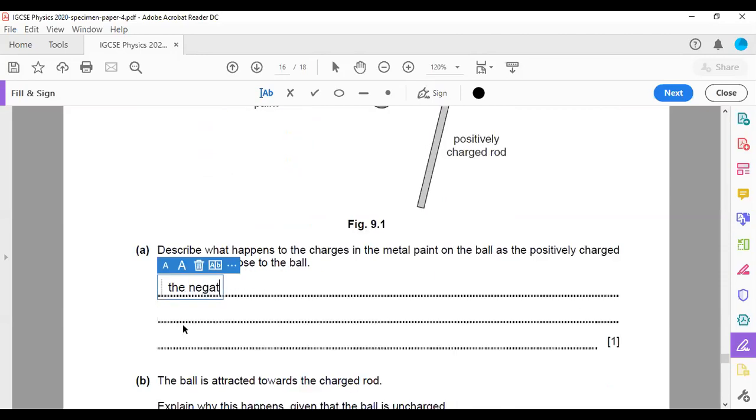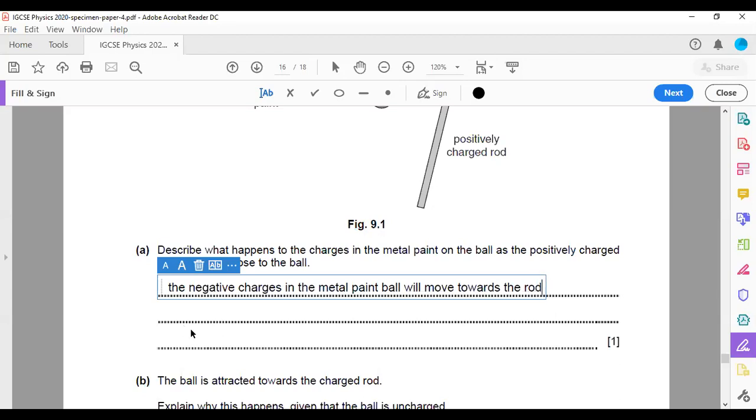The negative charges in the metal paint on the ball will move towards the rod.